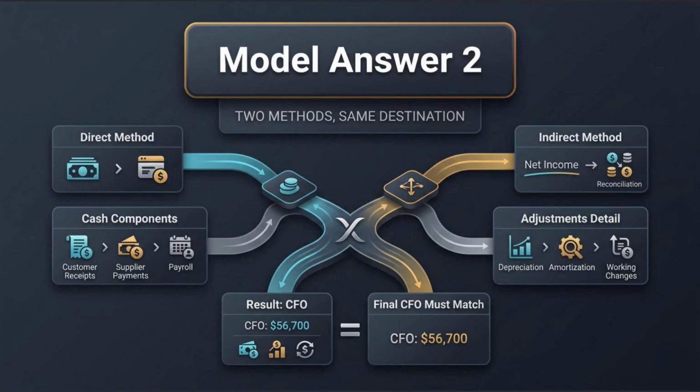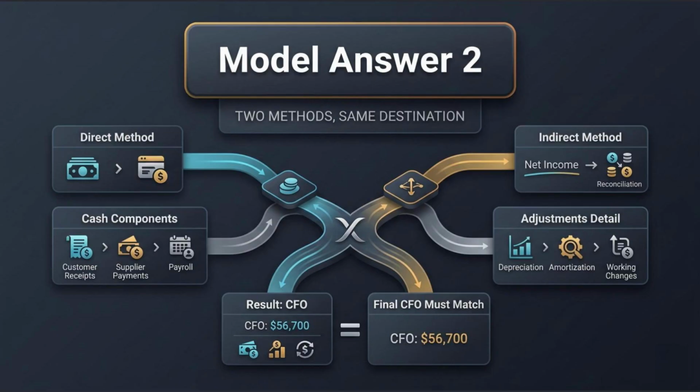Examples include cash collected from customers, cash paid to suppliers, and cash paid for operating expenses. It shows actual cash flows rather than accrual income statement amounts. The indirect method starts with net income and adjusts for non-cash charges such as depreciation and amortization.